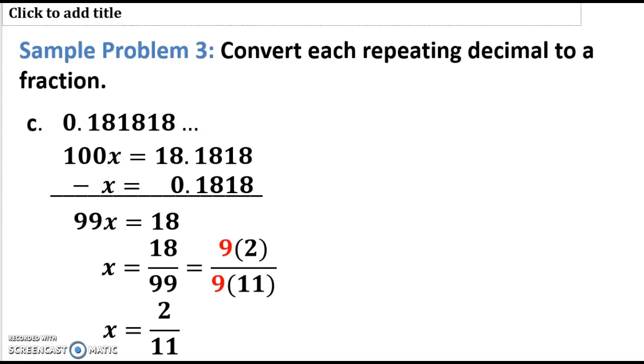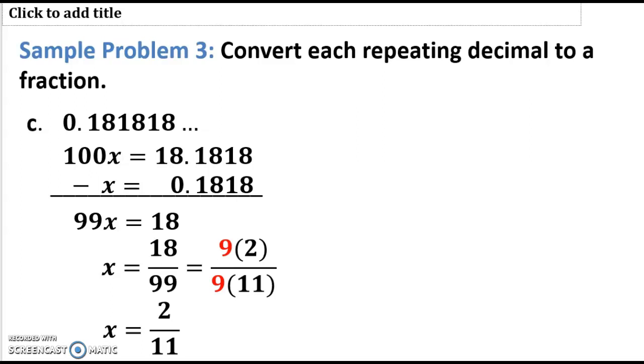So when I move the decimal 2 places to the right, I get 18.1818. Notice when I subtract, again, the coefficient on that x is 1, and 100 minus 1 gives me 99. The repeating part cancels out. I just have 18 minus 0, which is 18. I divide both sides by 99, which gives me 18 over 99.